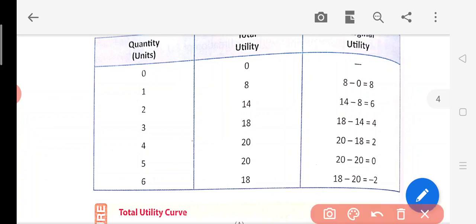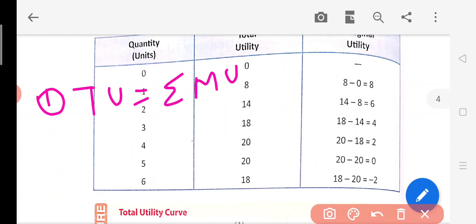So here you can see the relationship. What will be the first relationship? Let us discuss. First, you can see that total utility is nothing but the summation of marginal utility. We have seen the total is equal to 14. So this is the first relationship which we can see.